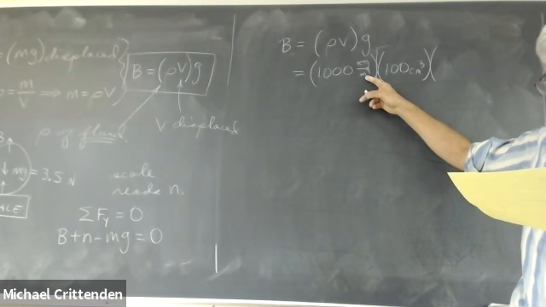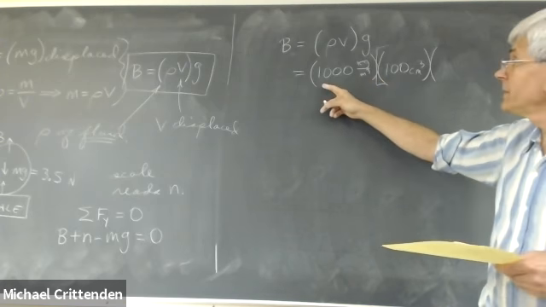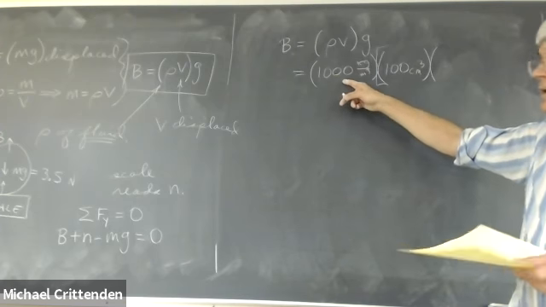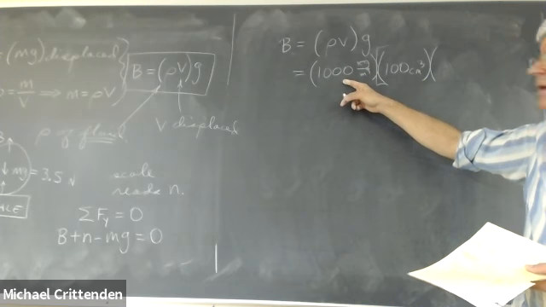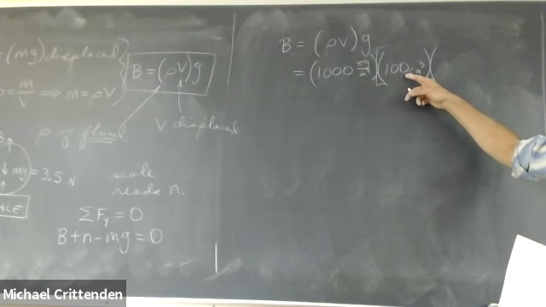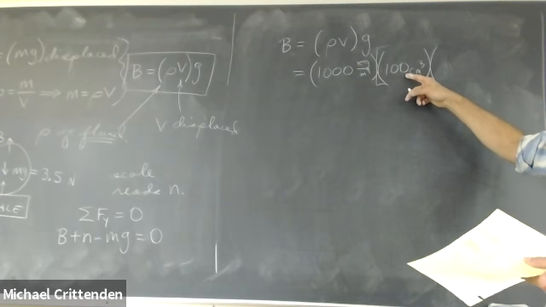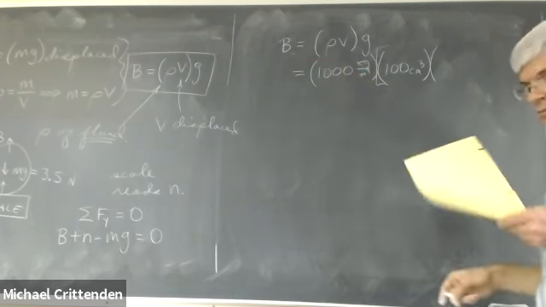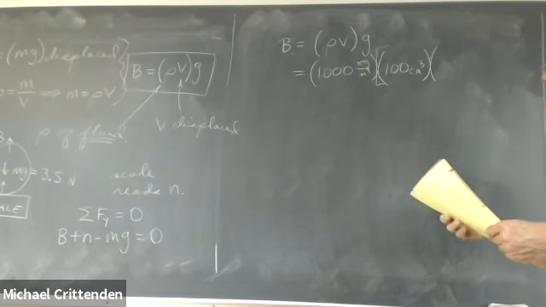There's a couple of ways of doing that. One way is to work in centimeters instead of meters. The density is 1 gram per cubic centimeter times 100 cubic centimeters means 100 grams. And then you could convert that to kilograms to get the force in newtons. That'd be one way to go at it.